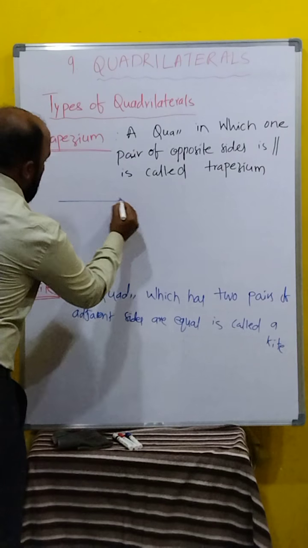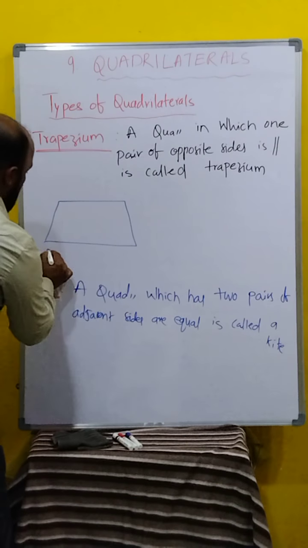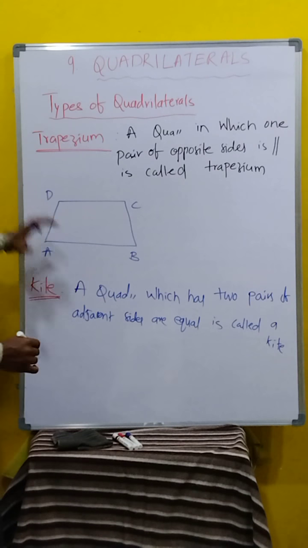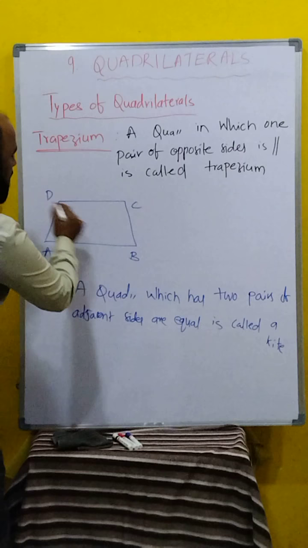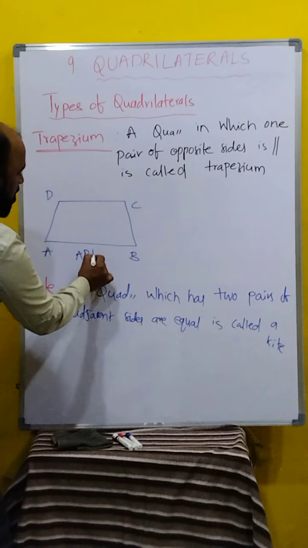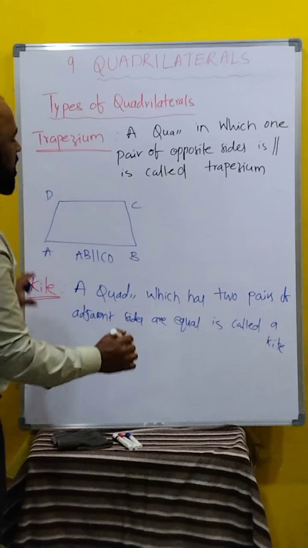Suppose here trapezium showing here, ABCD is a trapezium. What is the pair here? AB and CD. These two are parallel sides. AB is parallel to CD. And AD, BC both are not parallel.